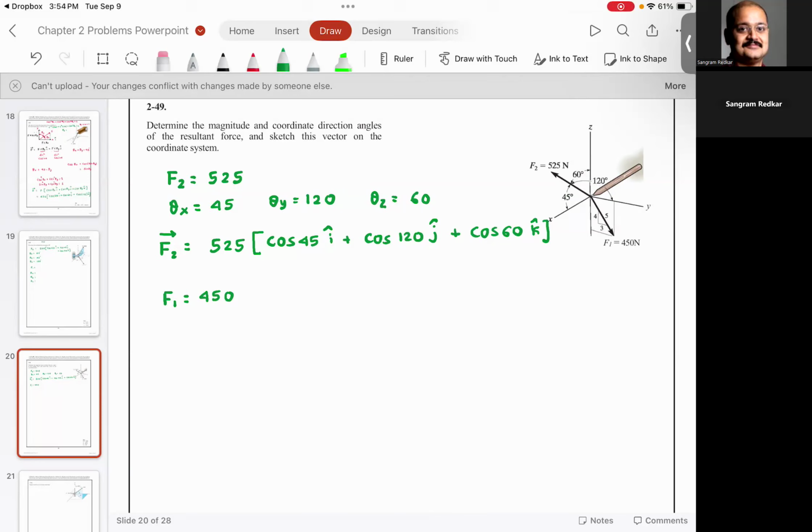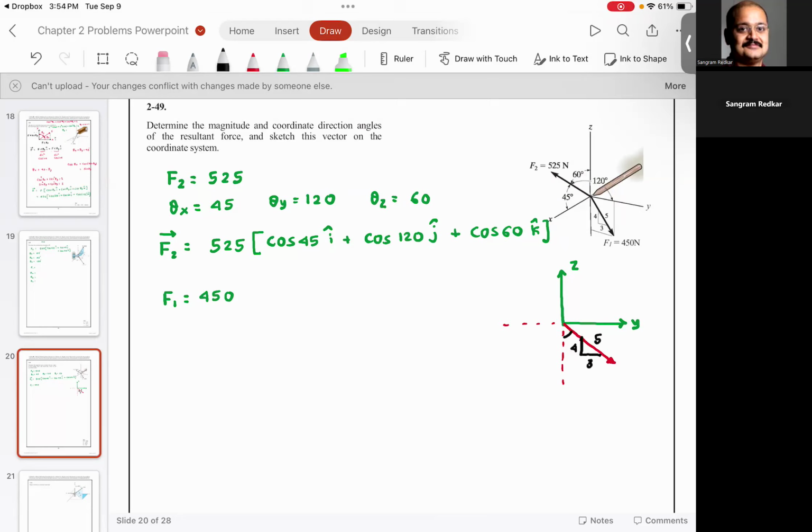So if I were to show you the YZ plane, this is your Y, this is your Z. So you have a 3, 4, 5 triangle.